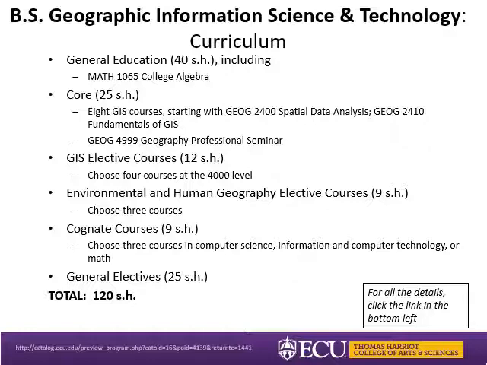In the GIST major, you'll take elective courses from 2 areas, 4 GIS courses and 3 environmental or human geography courses. To round out your computer skills, you'll then choose 3 cognate courses from among many offerings in computer science, information and computer technology, and math. You'll then round out the degree with 25 semester hours of elective courses of your choice.